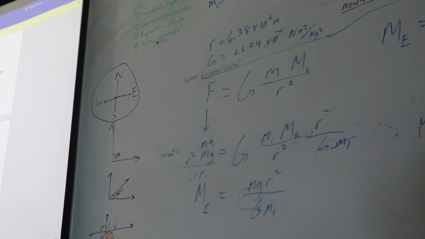You might have squared 9.8, that's what I'm thinking. It might have squared all of them. Only the radius should be squared, 6.38 times 10 to the 6. So only square the gravitational constant? No, only square the radius.